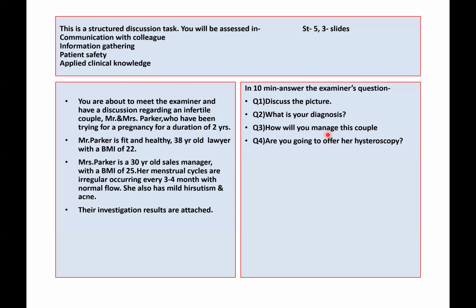Then I'll explain her condition, the implications of polycystic ovary, and whether she knows about it and its consequences. After explanation, I'll manage her with the help of the MDT, the multidisciplinary team, like consultant gynecologists and fertility specialist nurse, and the radiologist would also be involved.